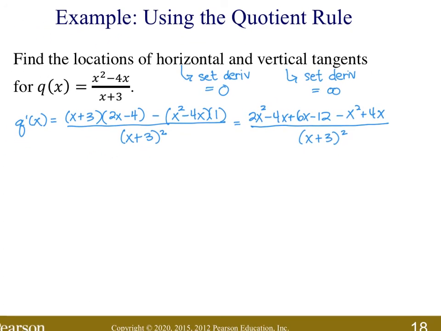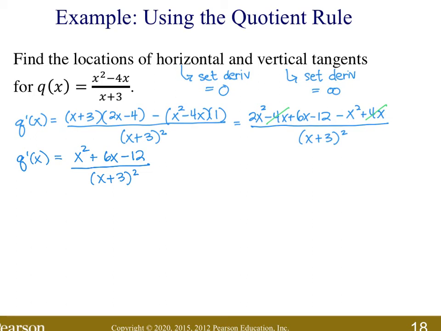So combining like terms, q prime of x would be equal to x squared is the like term, and then I've got a plus 4x and a minus 4x, so I'll have a 6x and a minus 12. The whole thing over x plus 3 quantity squared.